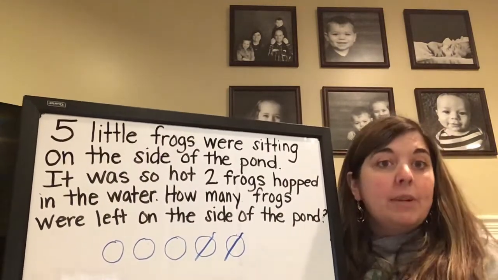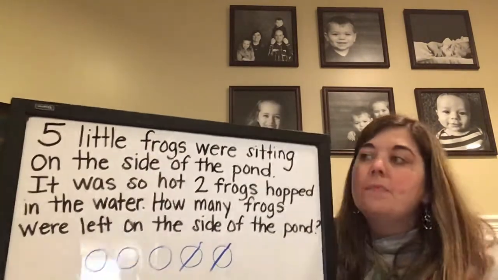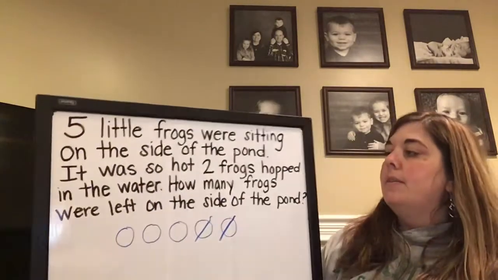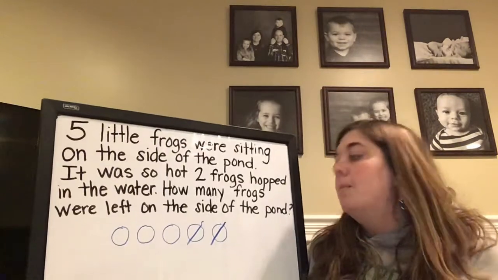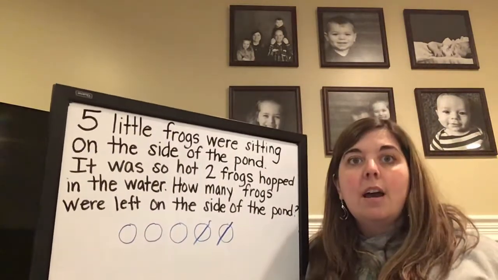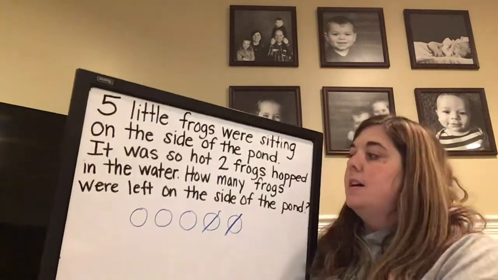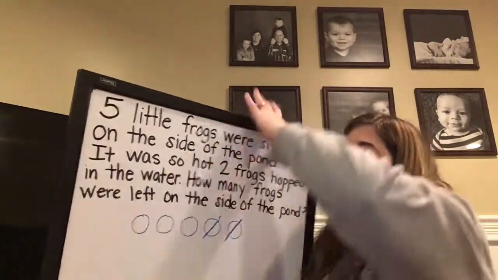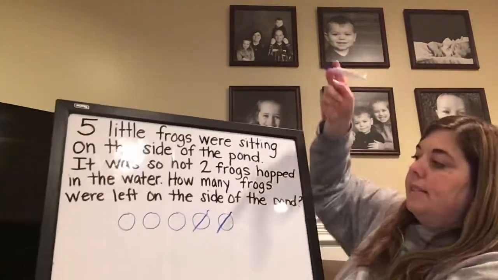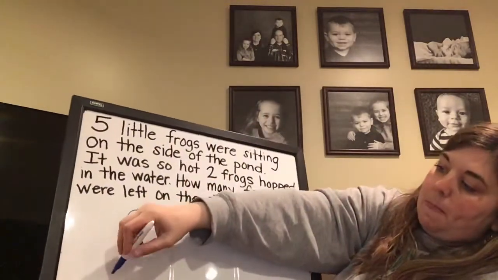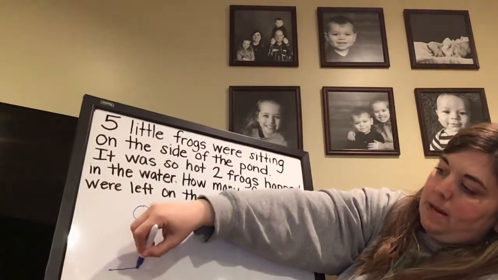Okay, now we need to do a number sentence to go with this. So we need to think about how many frogs we started off with, how many jumped in the pond, and then how many are left on the side. So I'm going to do my number sentence here.